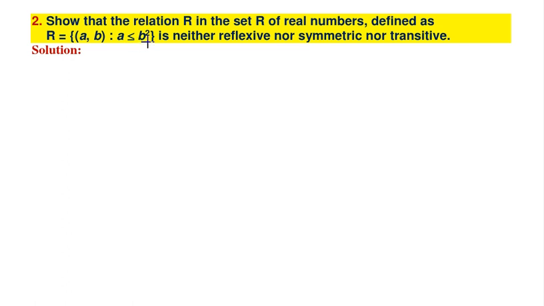a is less than or equal to b square. So the element a comma b is an ordered pair, and we have to show that it is neither reflexive, nor symmetric, and not transitive. What is the relation R? It represents the element a comma b, the relation between a and b: a should be less than or equal to b square.